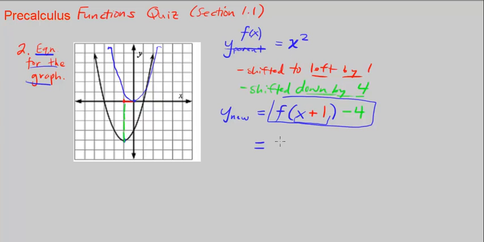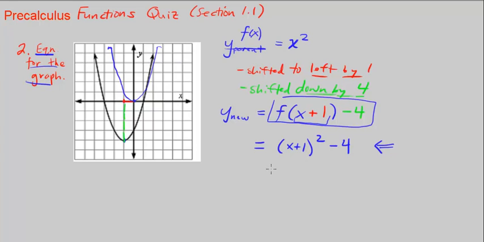So we have x plus 1 squared, right? That's all this is. f of x plus 1 is x plus 1 squared, and we still have the -4. Okay? So right there, that's pretty much our answer, right? It's going to be f of x plus 1 minus 4, which is x plus 1 squared minus 4.